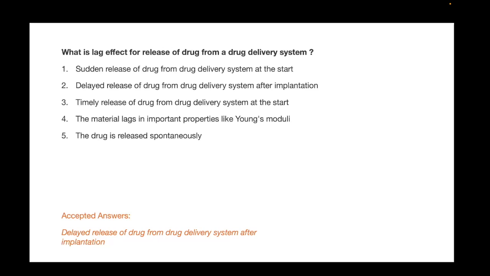This mostly occurs because if you immediately put the freshly prepared drug delivery system into in vitro or in vivo systems, it will take some time for the drug to move from the core towards the periphery, and that is the lag effect that leads to the delayed release of the drug from the drug delivery system after implantation.